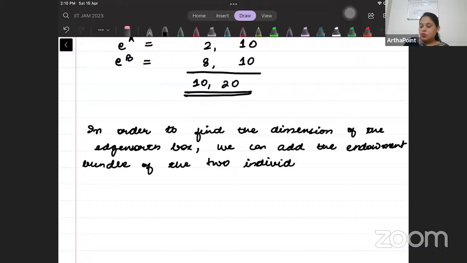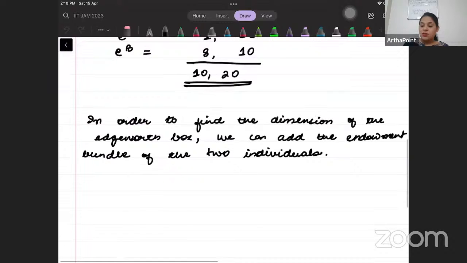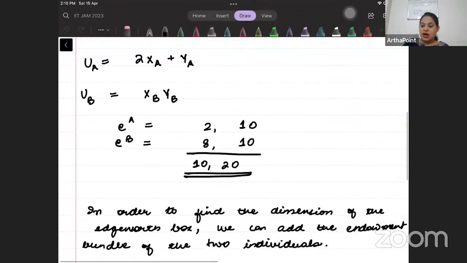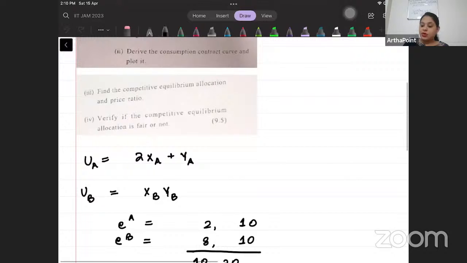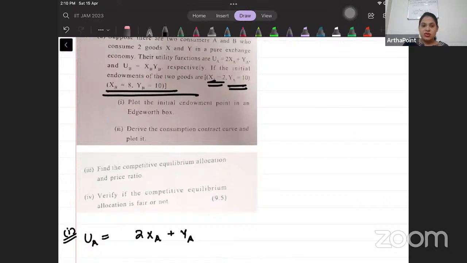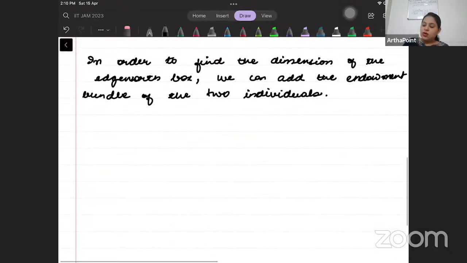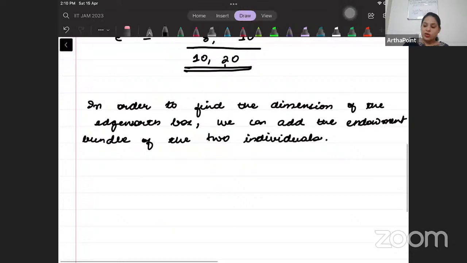Every day multiple papers have to be checked, so we have very little time per paper. The neater you write and the easier things are to read, the better. The endowment adds up to 10, 20.